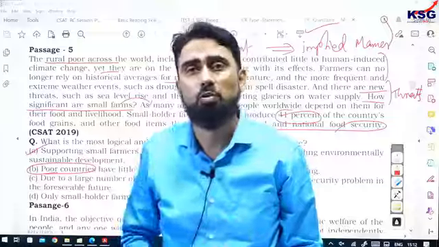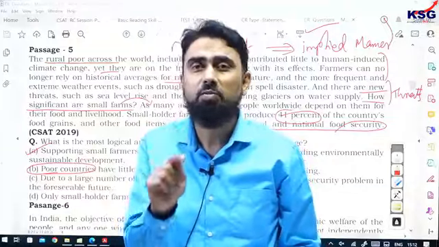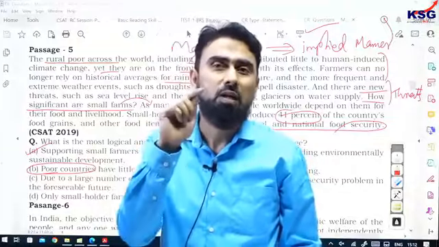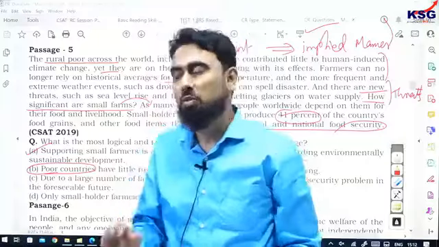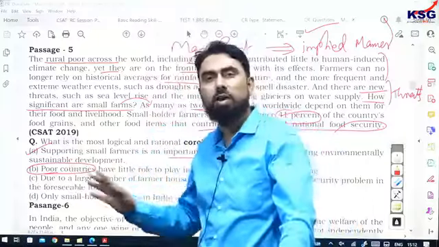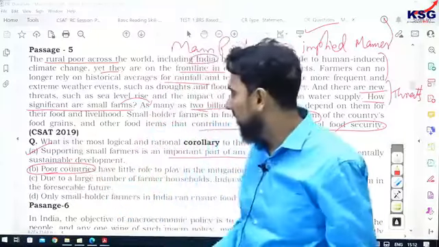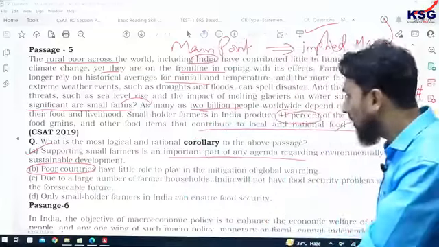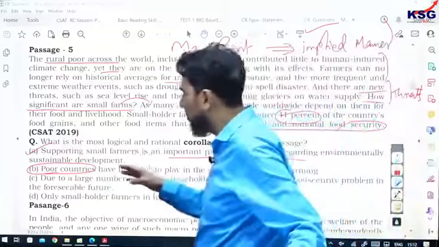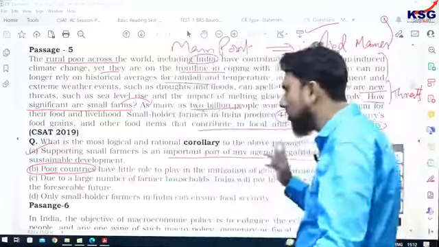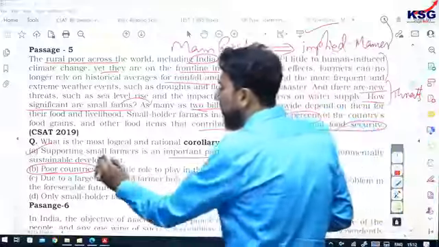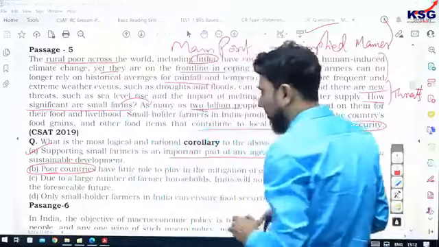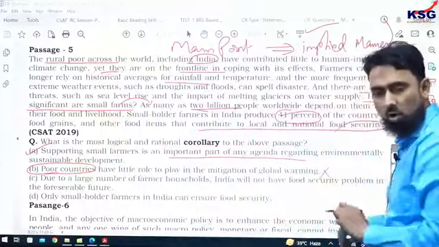There may be rich farmers also. The passage is specifically focused on the rural poor and smallholder farmers. So B has in fact deviated from the path. It is not given for poor countries, but about the rural poor across the world, smallholders. So B is wrong.